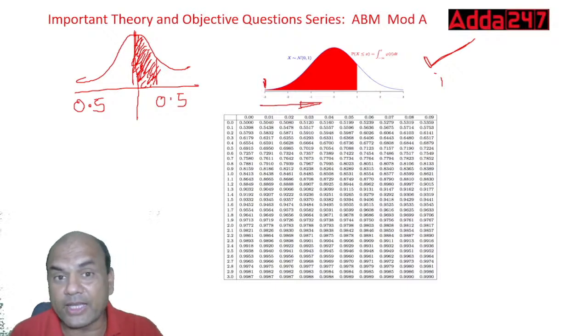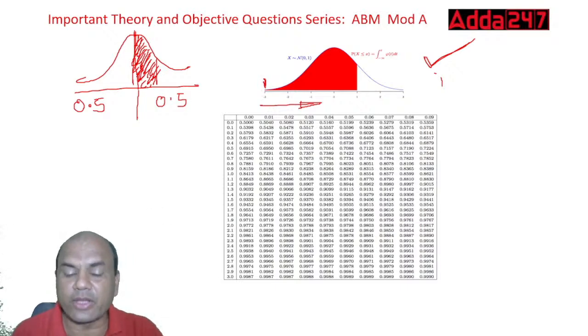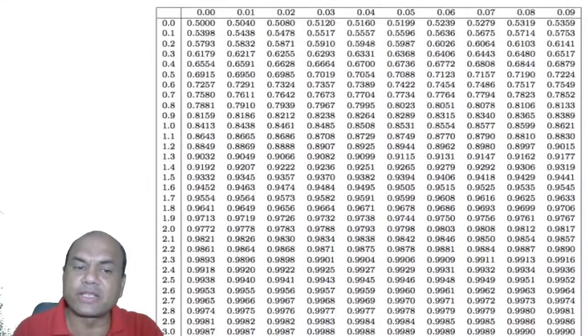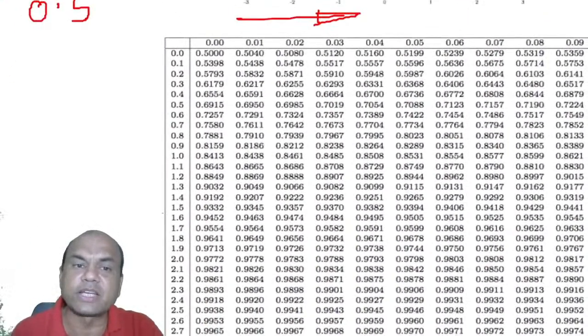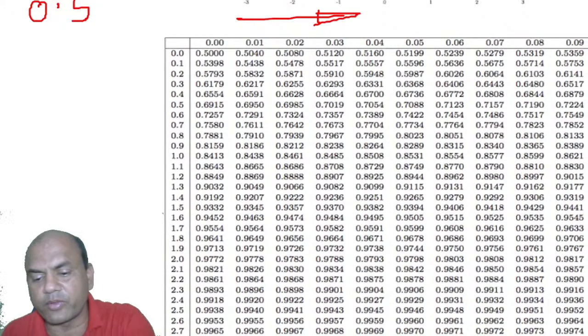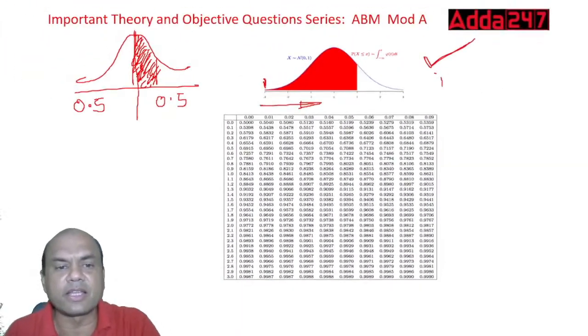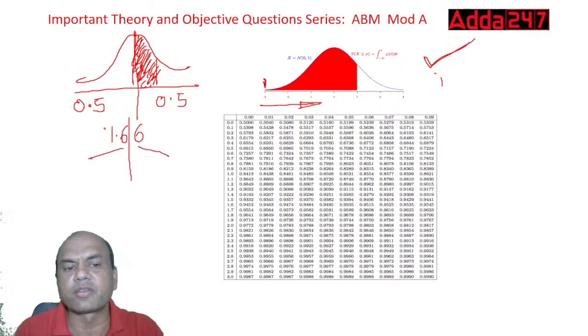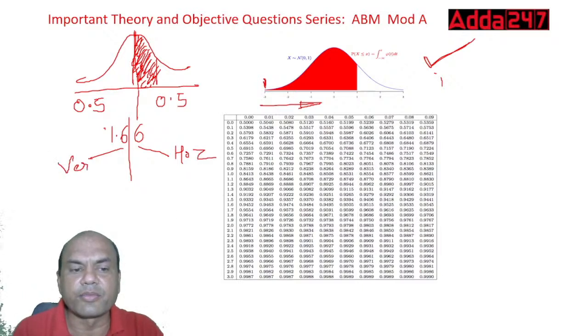Now what am I saying? I'll explain. Let's find this z value first: 1.66. Make it two parts, 1.6 and 6. The 6 will be checked in horizontal and the 1.6 will be checked in vertical.